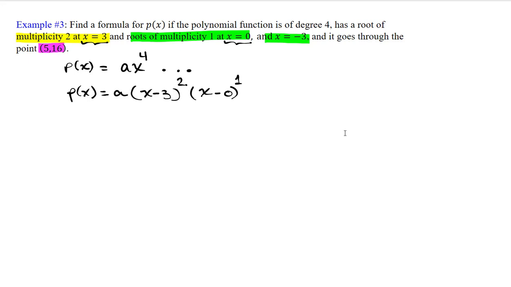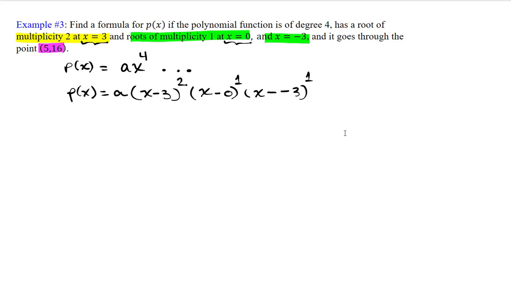Its multiplicity is 1, so we can just simply raise that to the first power. The same goes for the root of -3. So x minus that number is a factor of the function as well. Again, raised to the first power due to the multiplicity of 1.